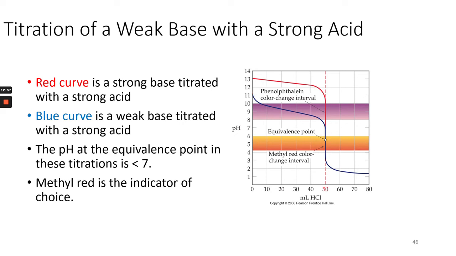So the pH at the equivalence point in this titration is less than 7. If you are titrating a weak base with a strong acid, your equivalence point will be at a pH less than 7. And in this case, you would use methyl red as your indicator.